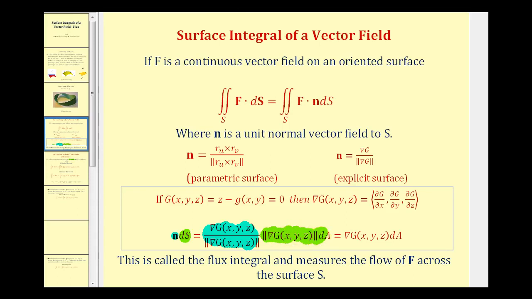So what we'll notice here is this simplifies nicely. This magnitude simplifies out. So N times differential S is just equal to the gradient of big G times differential A. And one more thing to notice before we summarize this, notice that the partial derivative of big G with respect to z would always be 1 if the surface is given in this form.